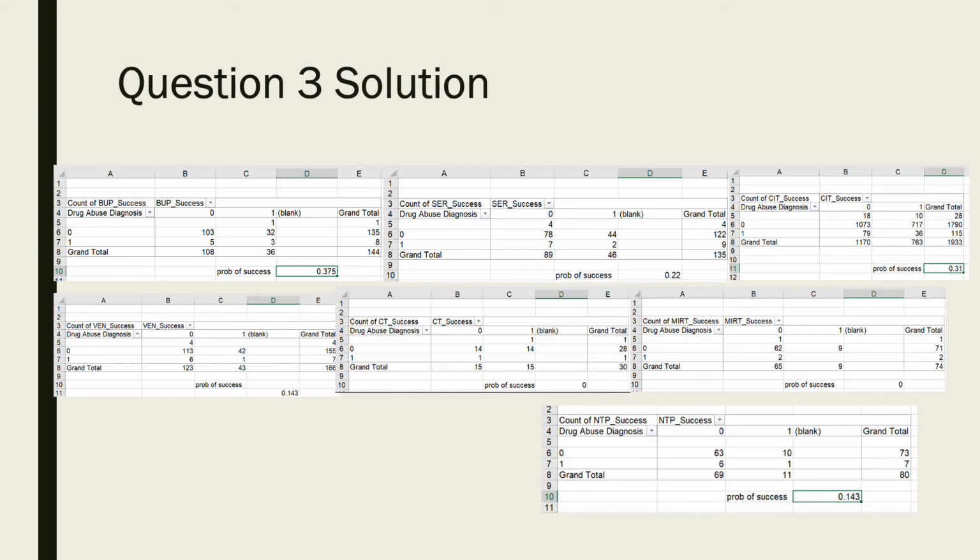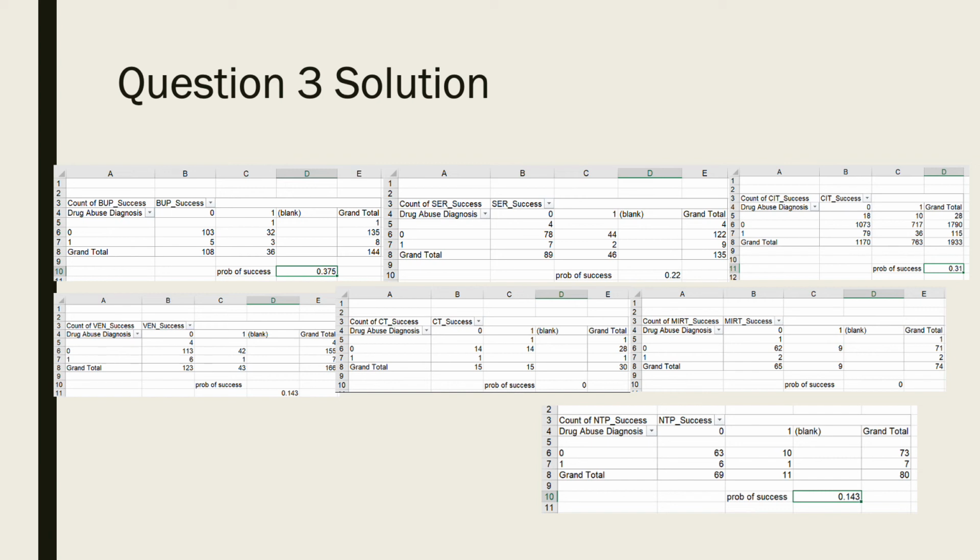Okay, now if you look at the next slide, on the top left corner, you see a couple of new replacements. On the previous slide, where it was asking for anxiety on the second line, that got replaced with drug abuse. We pretty much ran the same calculation with just a different diagnosis.